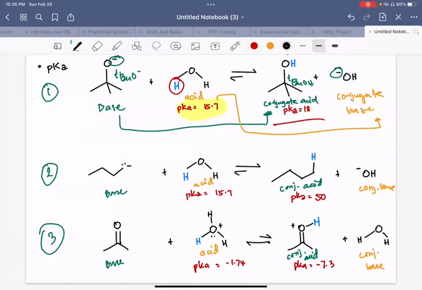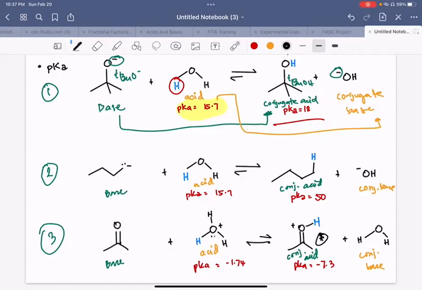Sorry about that. So between the hydronium ion and this protonated ketone here, this one is lower in terms of pKa, therefore this is the stronger acid, and hydronium ion is the weaker acid. Therefore, the position of equilibrium is towards the left. So, equilibrium would favor the weaker acid always, or weaker base.